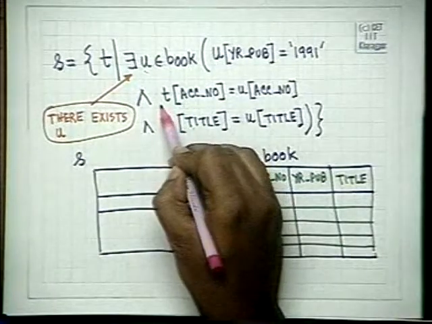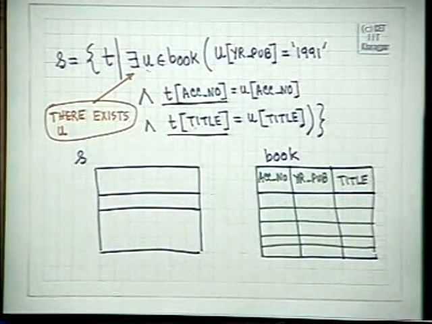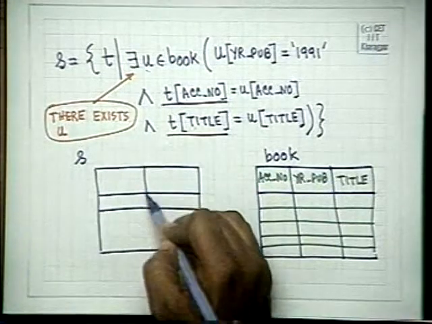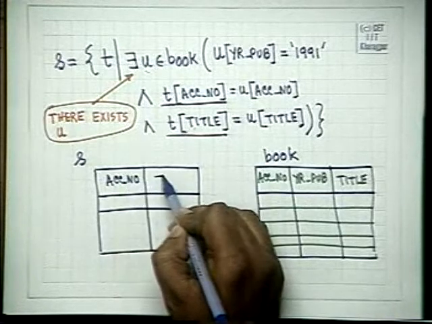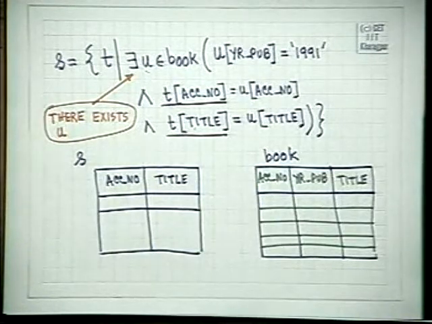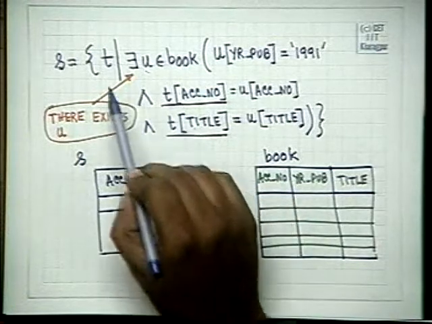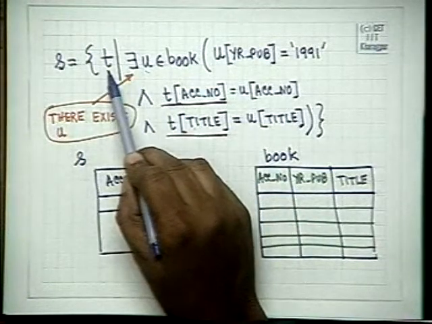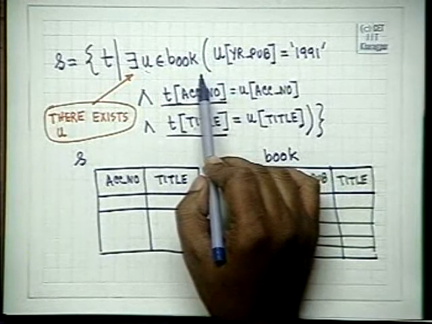So we will get those attributes which have been explicitly mentioned for T. Here, two attributes have been explicitly mentioned for T, and it is only these two attributes which will appear in the relation. So the first point is, when T element of some relation is given, all the attributes of that relation will come.